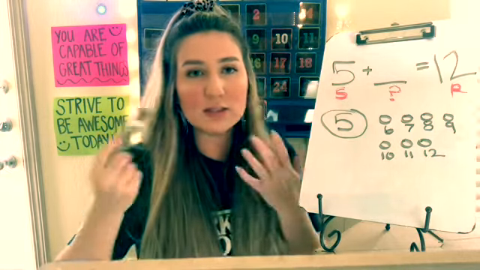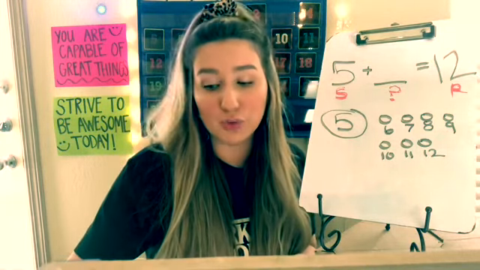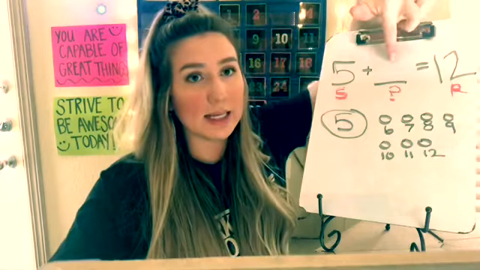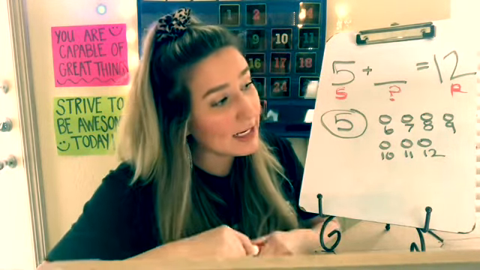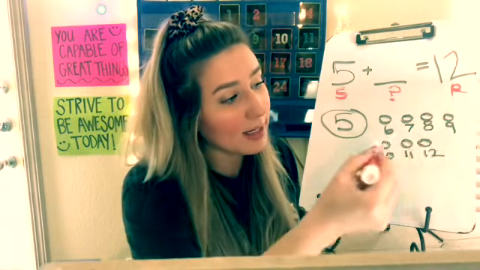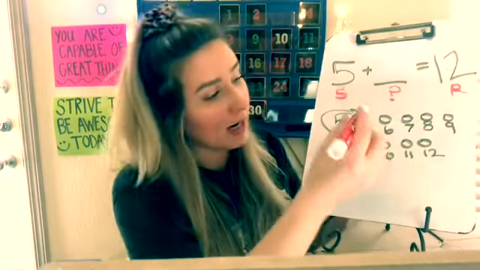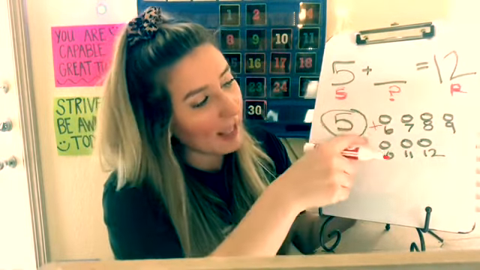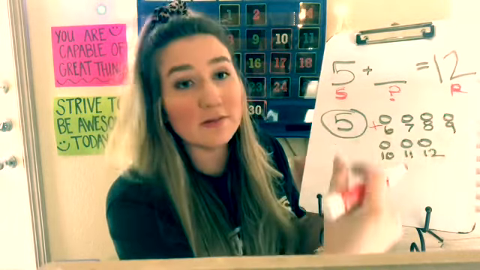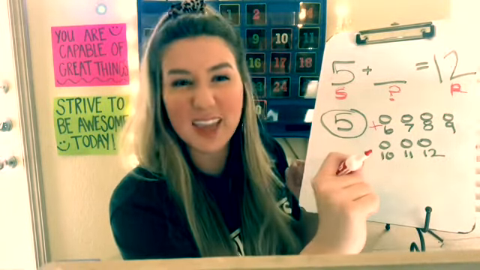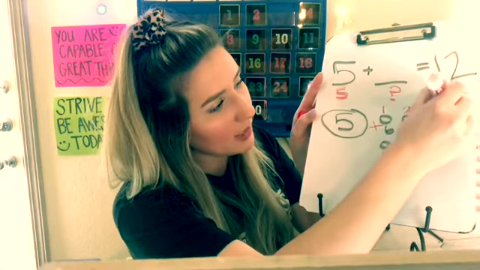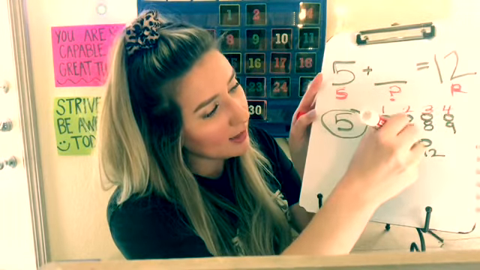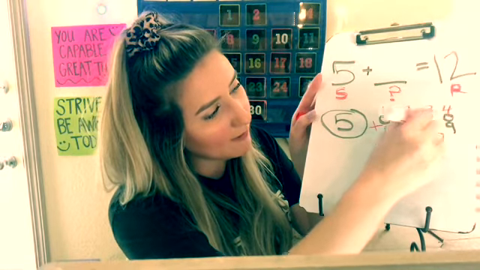So, what's the next thing that I need to do in order to find the missing answer? I need to count how many that I counted on, right? So I had 5, and then I added all of these, and I got to 12. So let's count how many that was. 1, 2, 3, 4, 5, 6, 7.